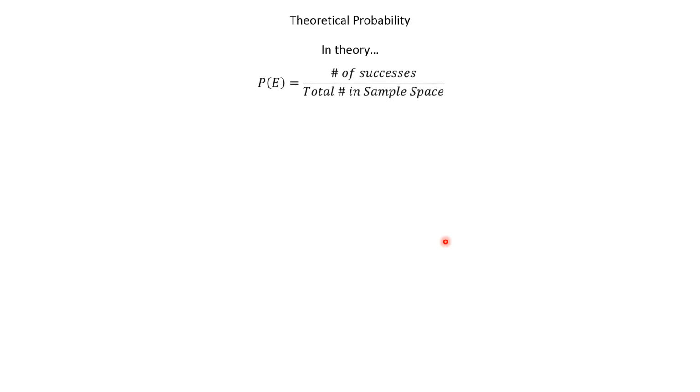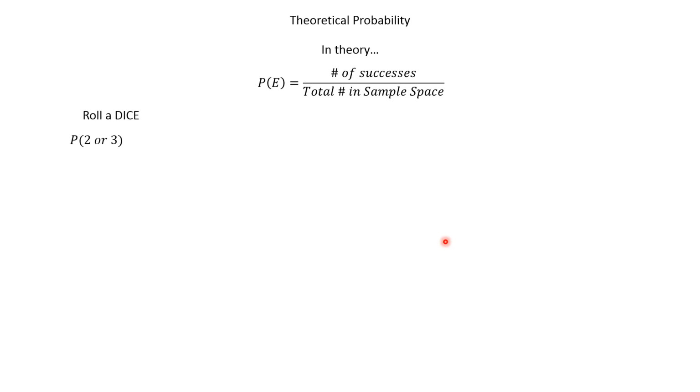Our formula for this, it's the number of successes divided by the total number in the sample space. So, remember, probability is success over total. Here it's the number of ways to get successes divided by the total number of outcomes in the sample space. So, let's say we roll a dice.